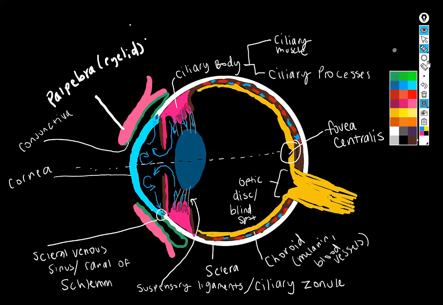So now let's zoom in on the retina itself. So I'm going to delete this picture and we're going to draw a more detailed picture of the retina. So to give me a starting point, I'm going to draw myself some sclera.